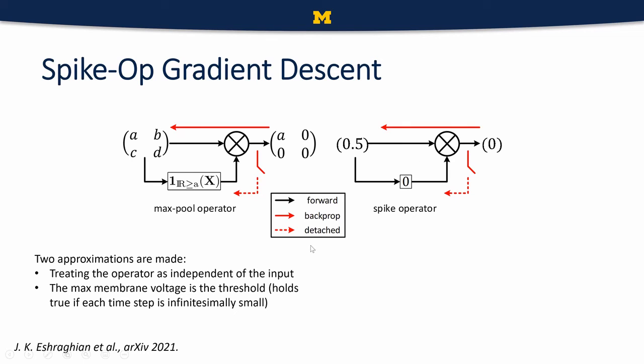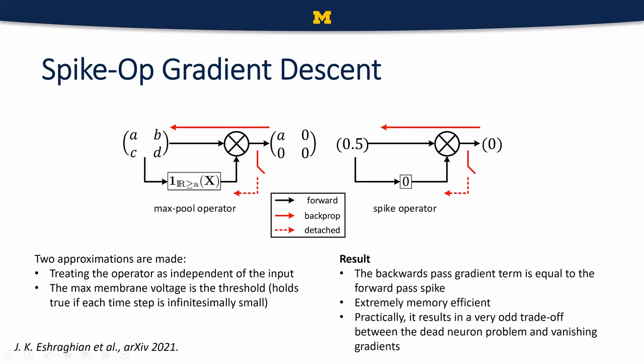Instead, we make the approximation that your time steps are infinitesimally small, the evolution of your membrane is continuous, and if you're comfortable with that assumption, then your membrane should never exceed the threshold, or at least within the bounds of discretization. So it hits the threshold and then it resets back to 0.